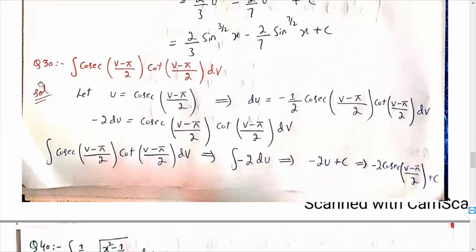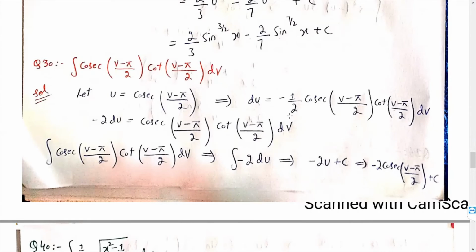Now moving towards question number 30, integral cosecant (v minus pi by 2) cot (v minus pi by 2) dv. Let u equal cosecant (v minus pi by 2). Taking the derivative on both sides, du equals minus 1 by 2 cosecant (v minus pi by 2) into cot (v minus pi by 2) dv. As cosecant and cot both functions occur in the integrand, that means this substitution is okay, it will work.